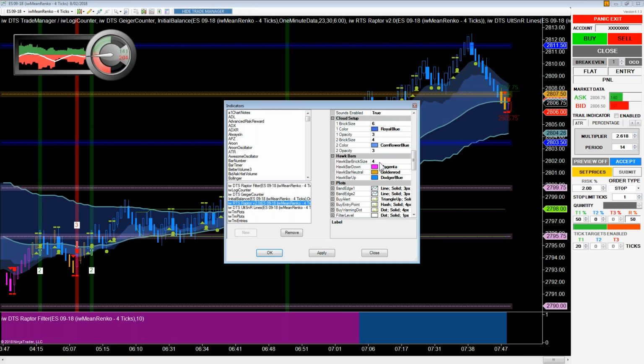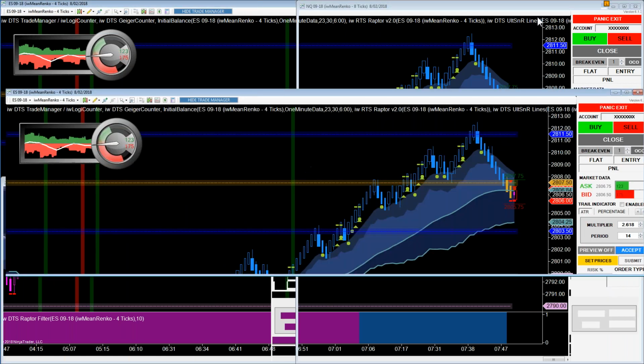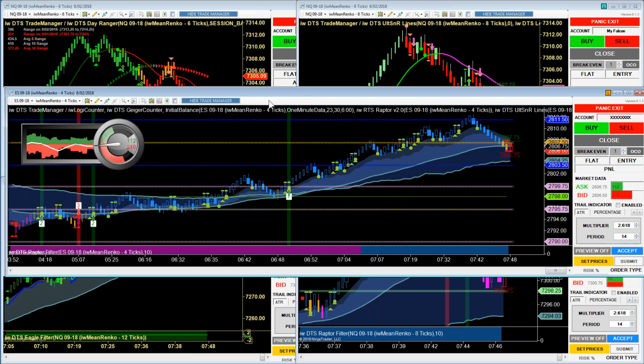Your hawk bars are 75% of your brick size. I went with 4 ticks though because 3 ticks just looked a little bit odd. But that is the rough relationship.